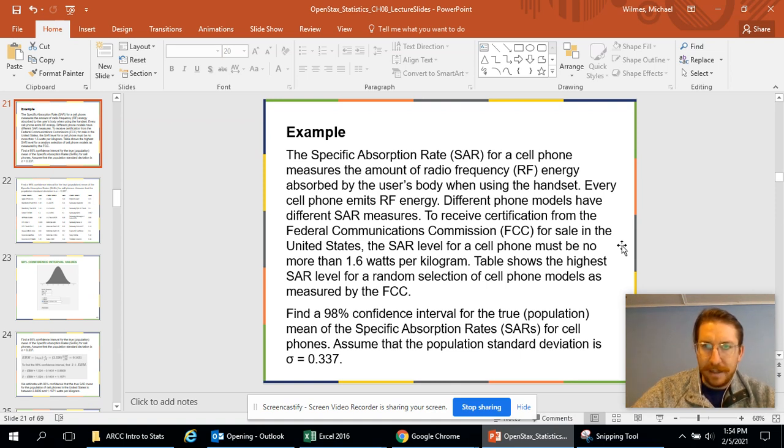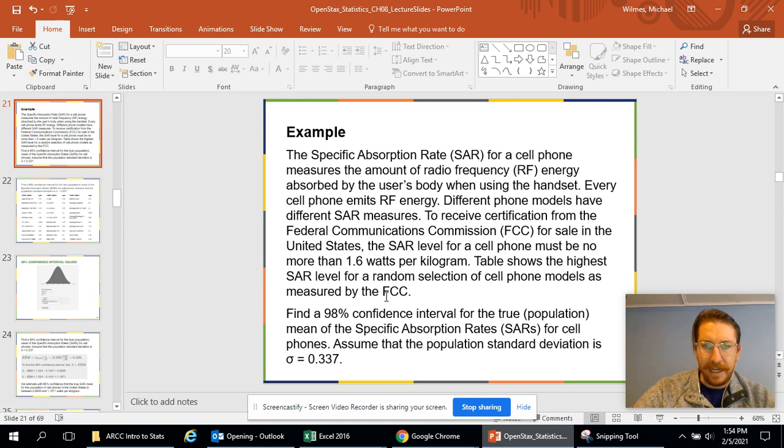Different phone models have different specific absorption rate measures. To get certification, we need to have an SAR lower than 1.6 watts per kilogram. Next slide shows the table with the highest SAR levels for phones.